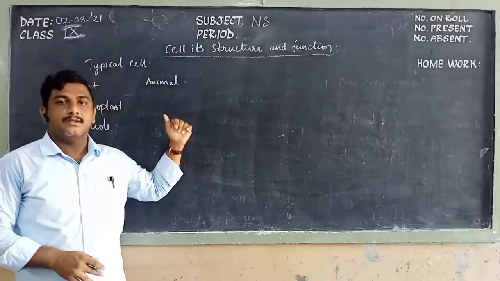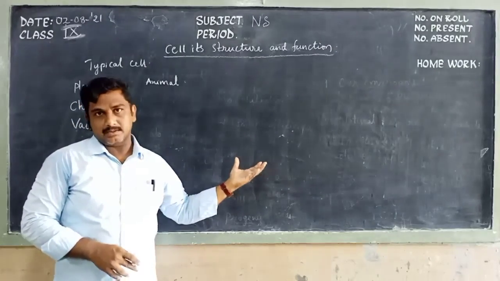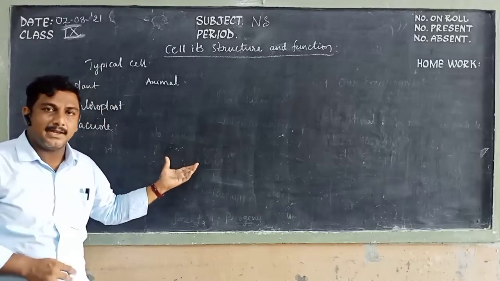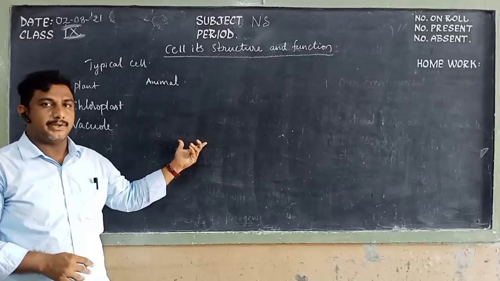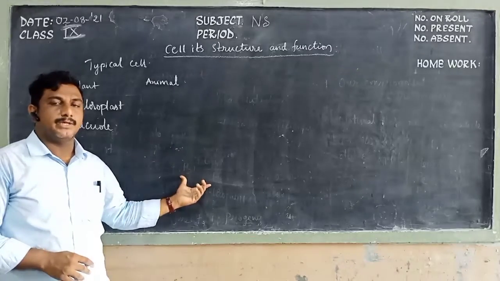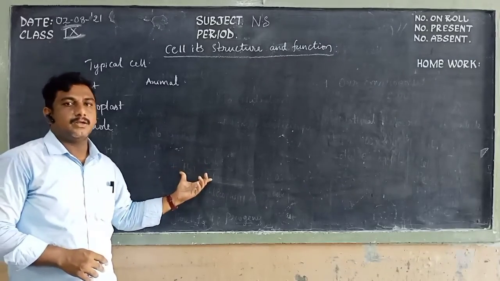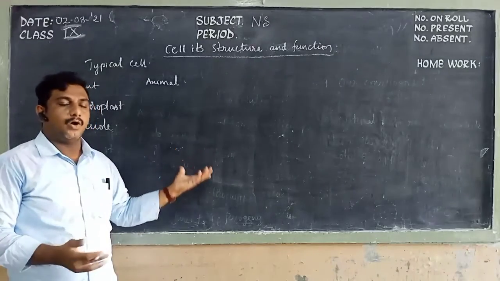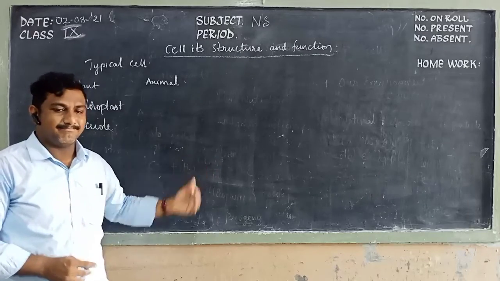Except the nucleus, we are unable to see the remaining cell organelles. With the help of an electron microscope, we are able to see different cell organelles. So we will go through what the different cell organelles present in our body or in different living organisms are. Okay, students?